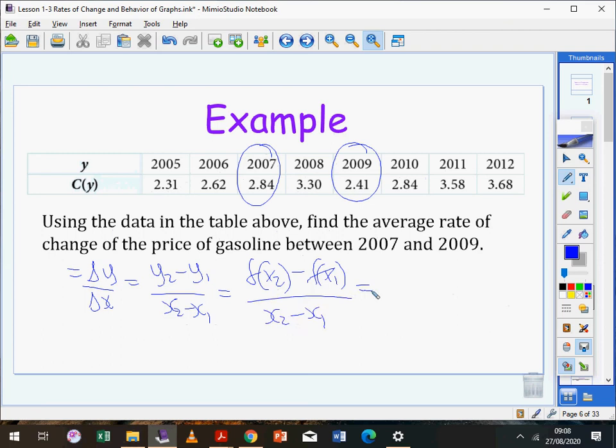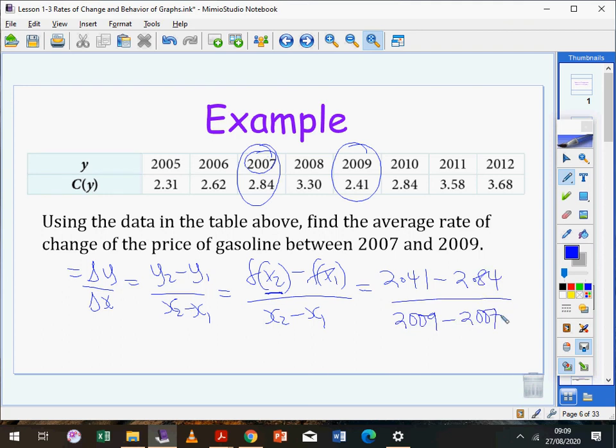When the second x value is 2009, the value of the function is 2.41, and when the first x value is 2007, it is 2.84, divided by 2009 minus 2007.